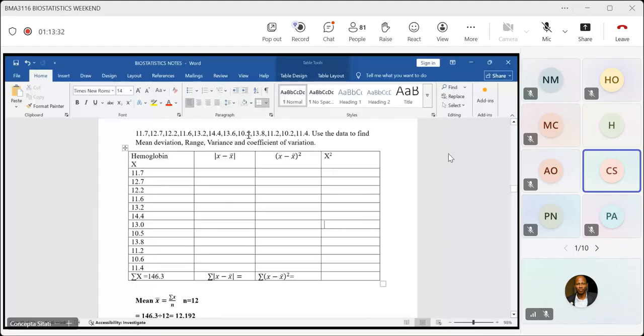This one is 13.0. I've changed the one above so that I don't interfere with what we have. I've changed the two values there so that we don't change what is in the table.